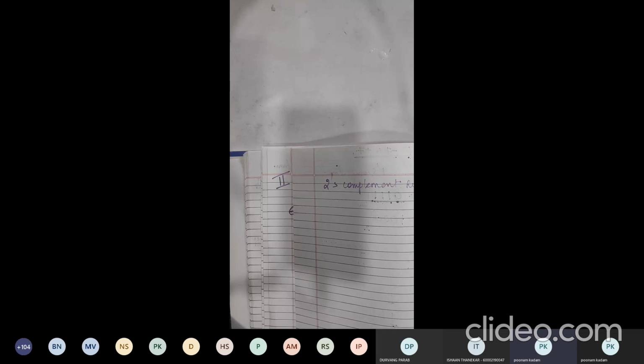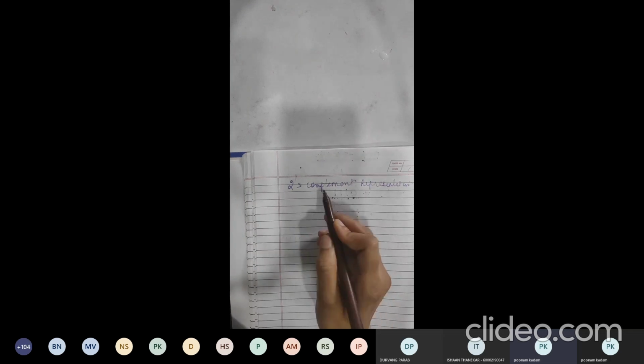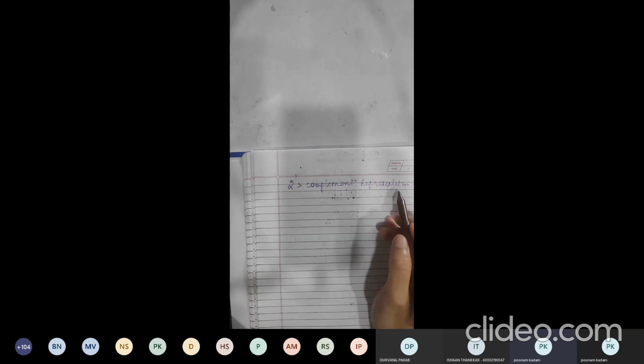Negative numbers, however, are represented by the 2's complement form of the original number. So in order to represent a negative number in 2's complement form, you have to take the 2's complement of that original number.